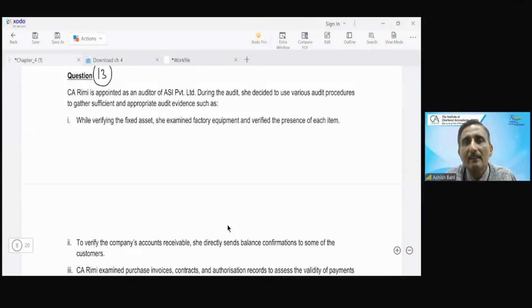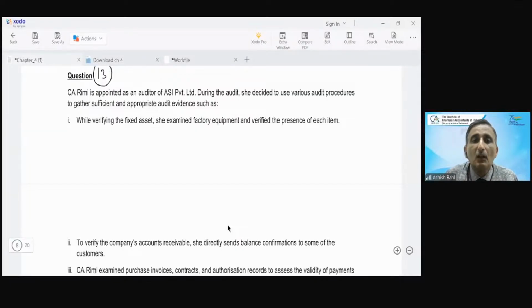Which out of these is this procedure? Yes. Inspection. You are writing correctly.